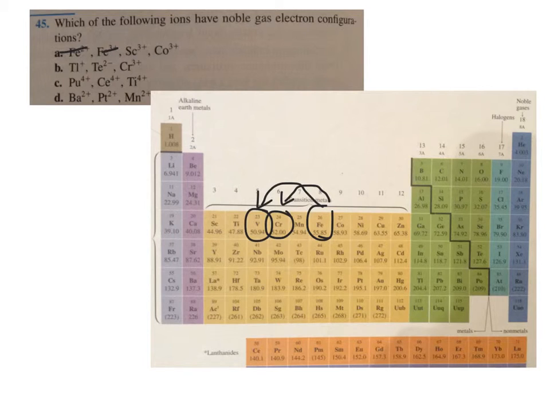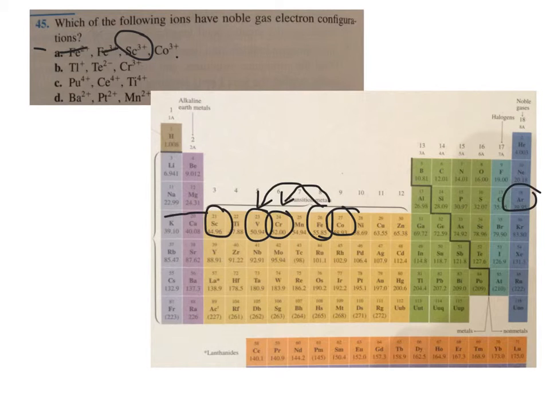Okay, so we look at scandium, which is a 3 plus, and we start here at scandium, and since it's losing electrons, I go back 1, 2, and then up to argon. There's my 3 spot, so scandium 3 plus is. Now, there's 1 per letter here, but I'm going to double check the cobalt just to make sure, and we'll see if that's for sure not 1. So we look at cobalt.